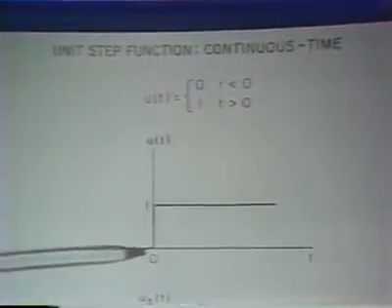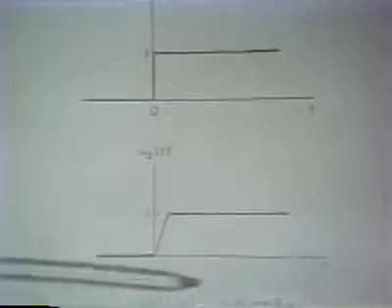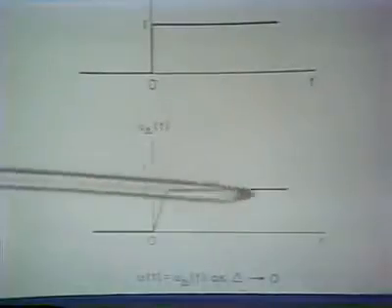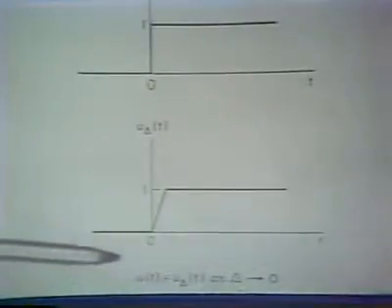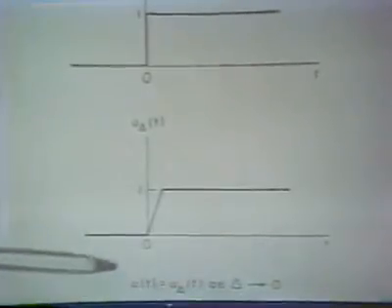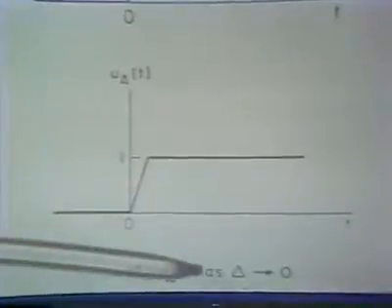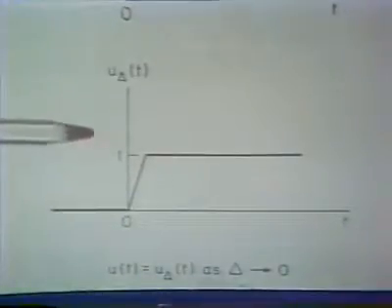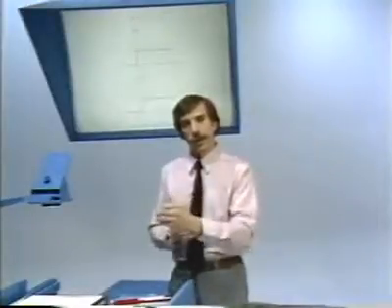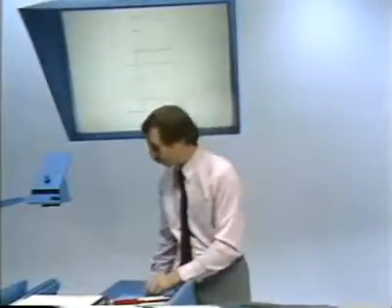But we can think of its derivative as related to this approximation to the unit step. And specifically, we will think of the continuous time impulse as the derivative of u sub delta of t as delta goes to 0. So to define the unit impulse, we think of the derivative of this approximation to the unit step and then observe what happens as delta goes to 0.